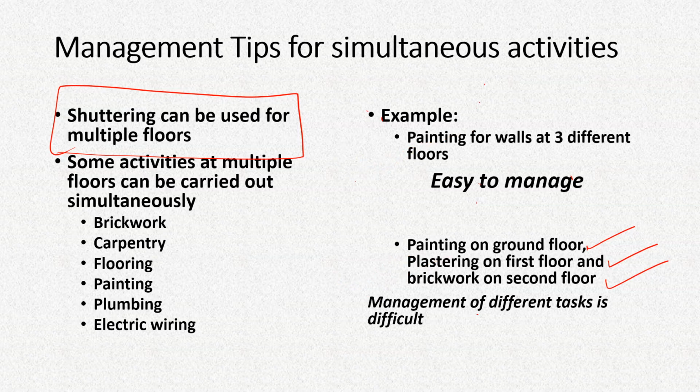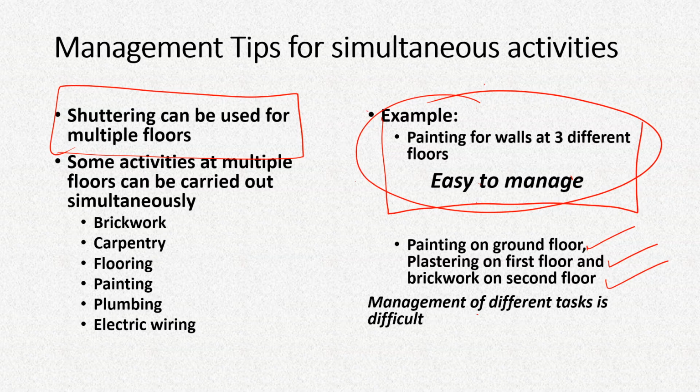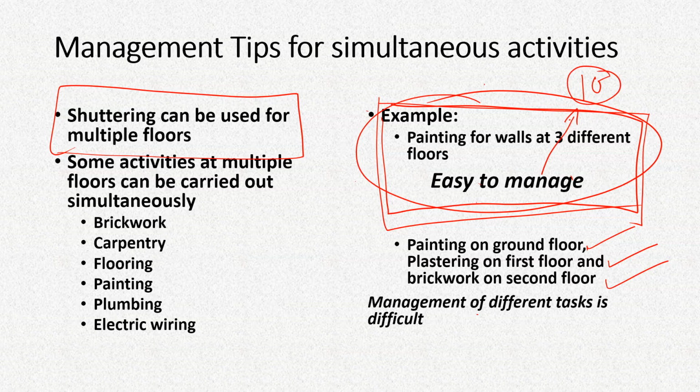It doesn't mean that this mode of management doesn't have any problems. If you want to go for painting at, suppose, 10 different floors in a 10-story building, and you have completed all the other activities and only painting is left, now you want to go for painting at 10 floors simultaneously. But the problem is, can we get enough painters to carry out these activities simultaneously?